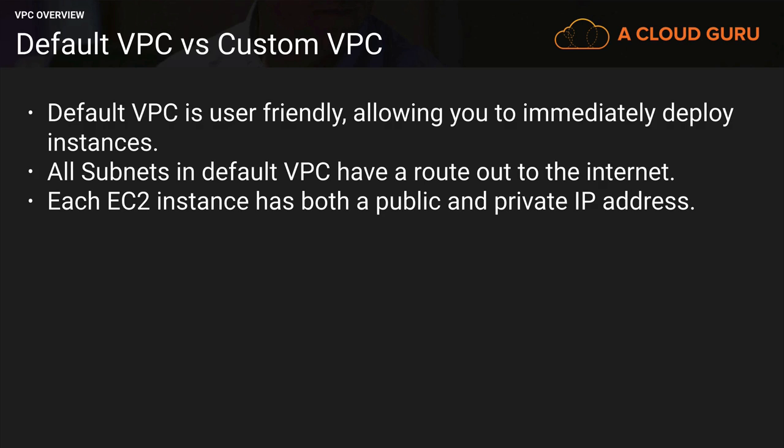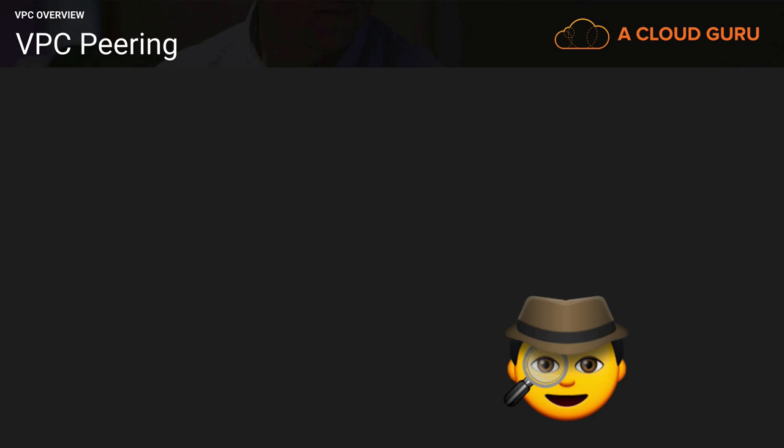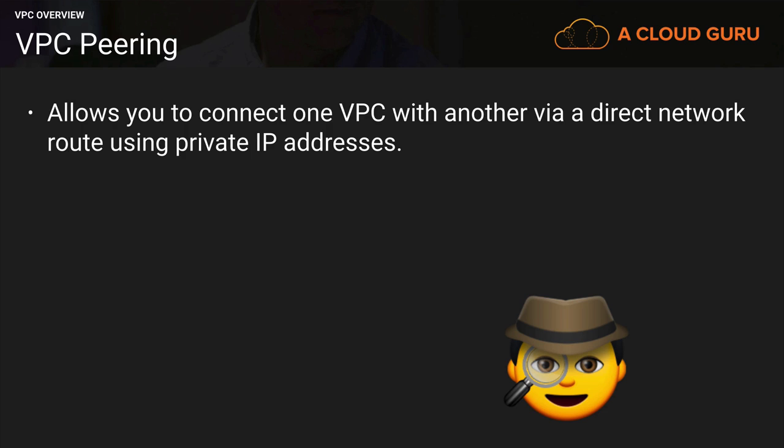We also know that each EC2 instance has both a public and private address in a default VPC. If we're deploying them into custom VPCs, they obviously will not have public IP addresses if they are going into a private subnet. Moving on to peering, as you all know, I got to use my detective icon again.